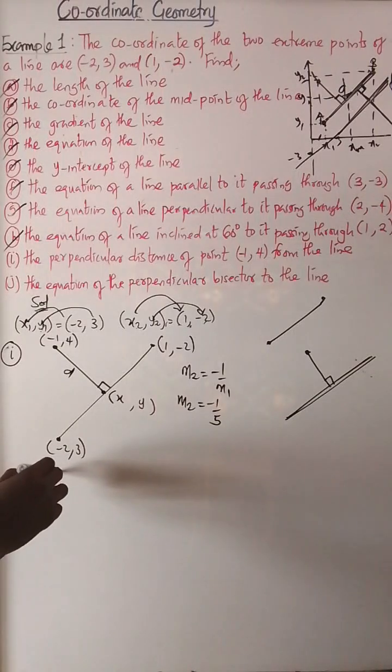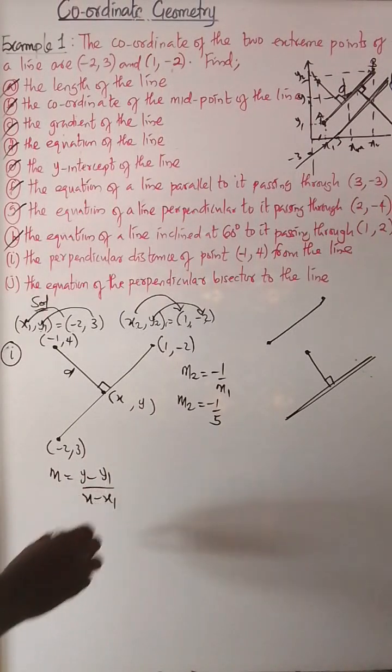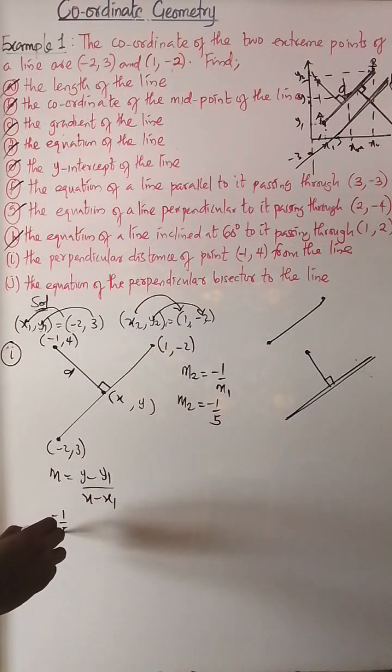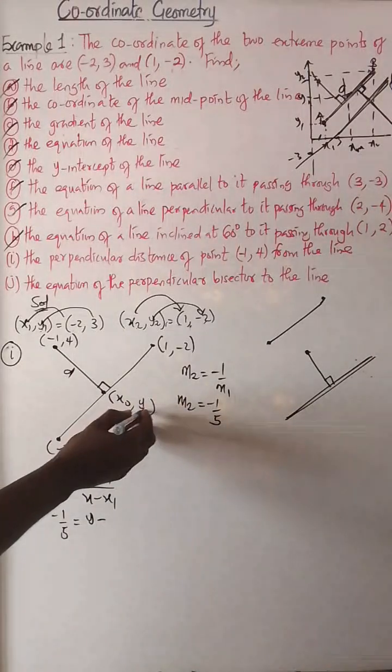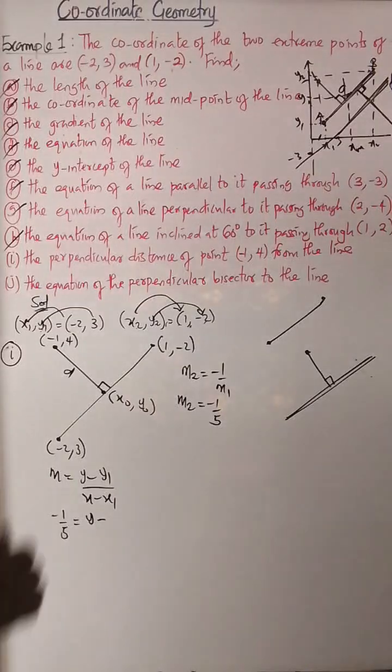So using the formula, m equals y minus y1 over x minus x1. So we can say the gradient of this line is -1 over 5, which equals y minus y1 over x minus x1.